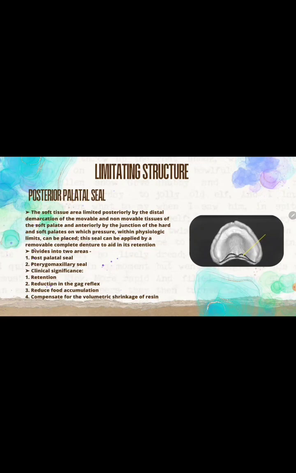It is divided into two parts, posterolateral seal and pterygomaxillary seal. The clinical significance is retention, reduction of the gag reflex, reduced food accumulation, and compensation for the volumetric shrinkage of the resin.